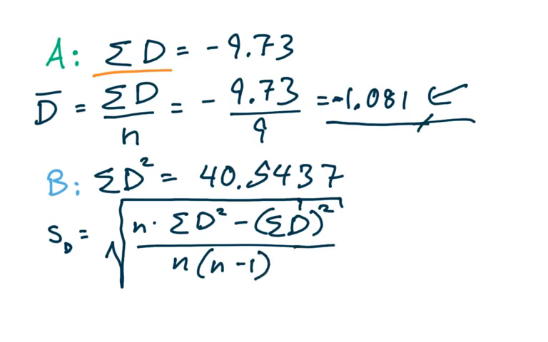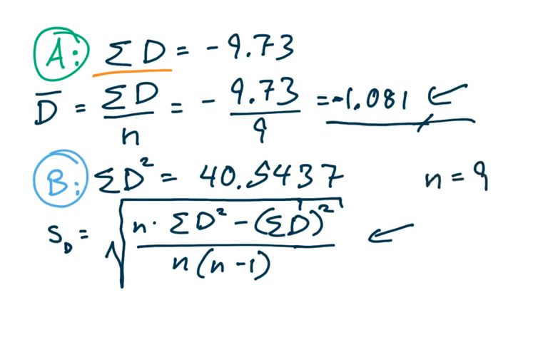So that's why we wanted to do that scratch work ahead of time, because now the only things involved in this calculation are A and B, and then of course we have n equals 9 still.